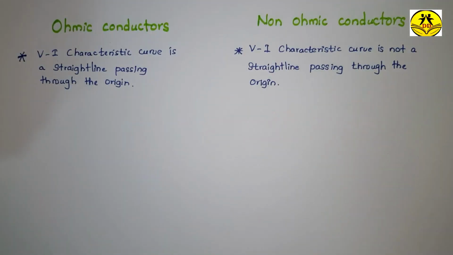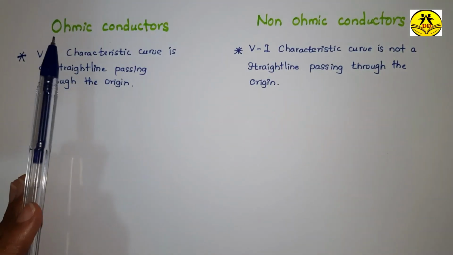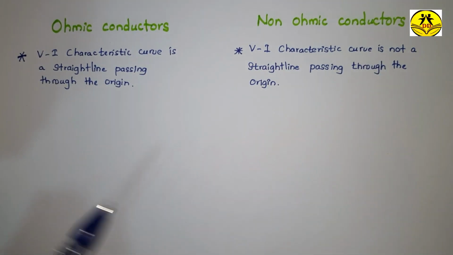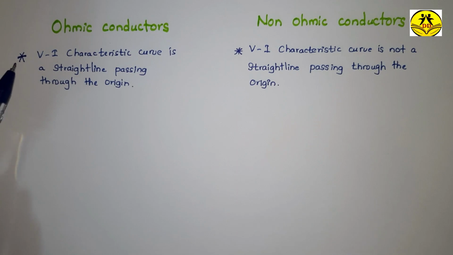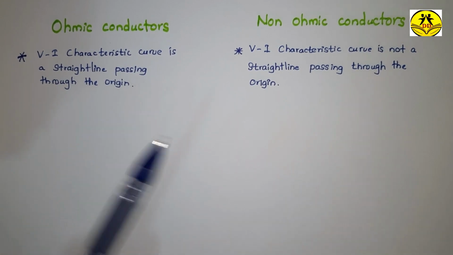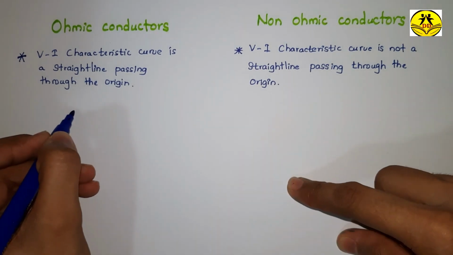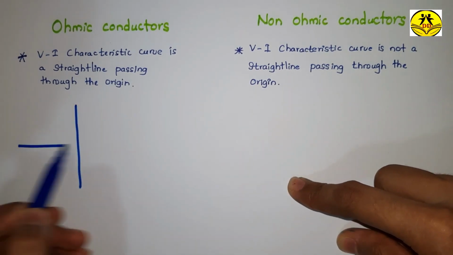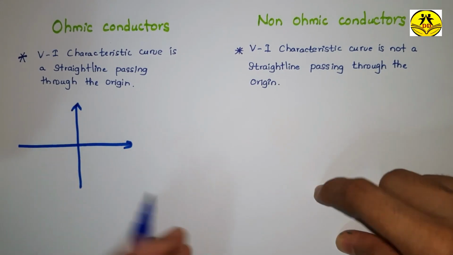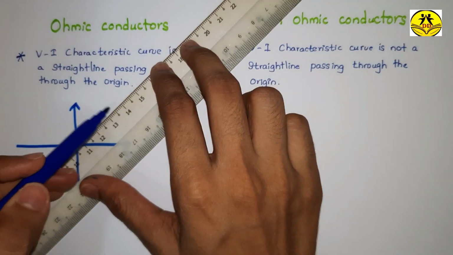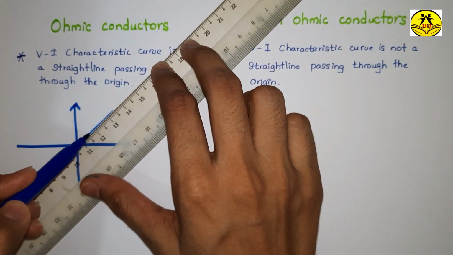Now let's talk about two types of conductors: ohmic conductors and non-ohmic conductors. So what is an ohmic conductor? When the VI characteristic curve drawn for a conductor is a straight line passing through the origin, we call it an ohmic conductor. So when you draw the VI characteristic curve for an ohmic conductor, it will be a straight line passing through the origin, like this.